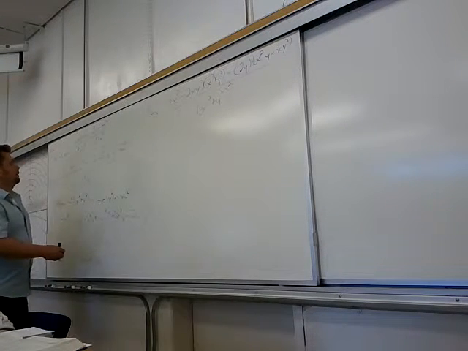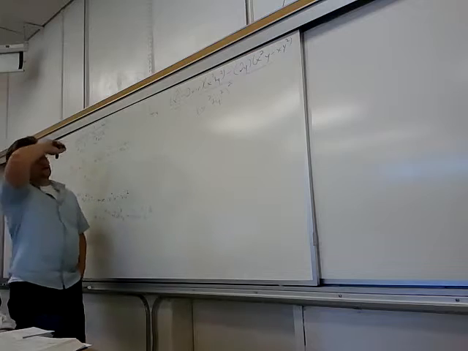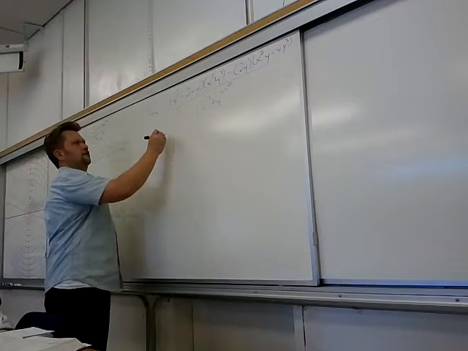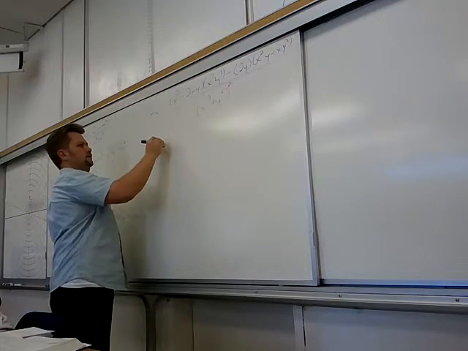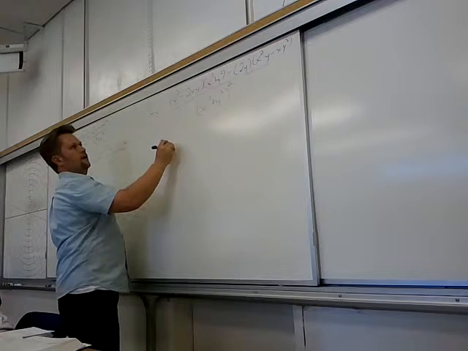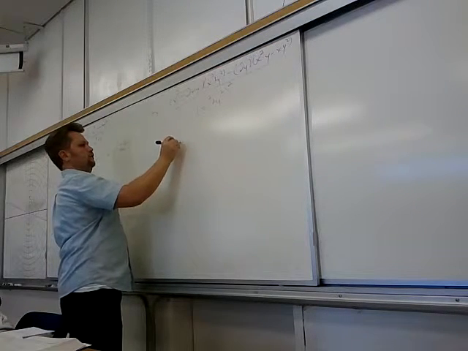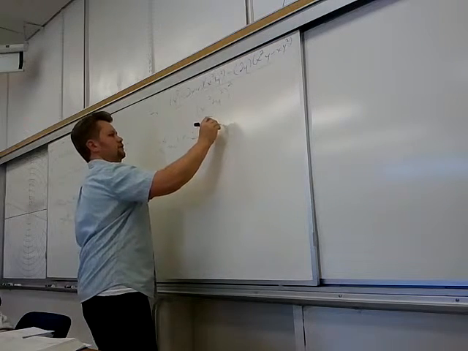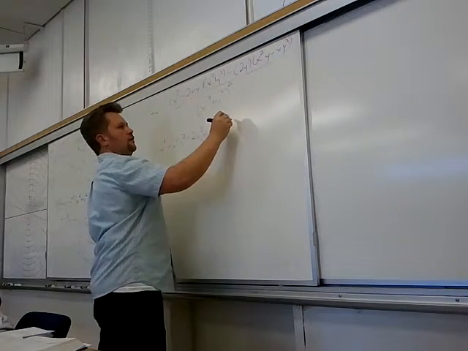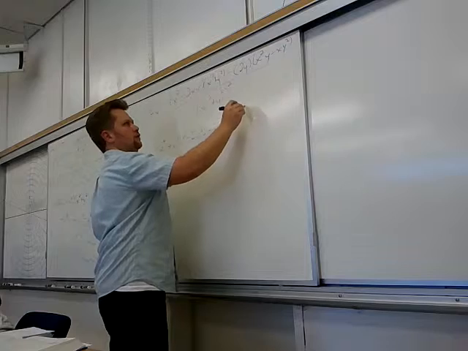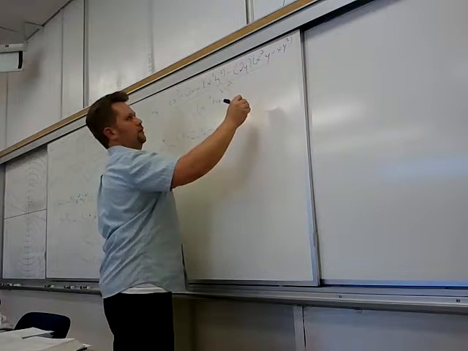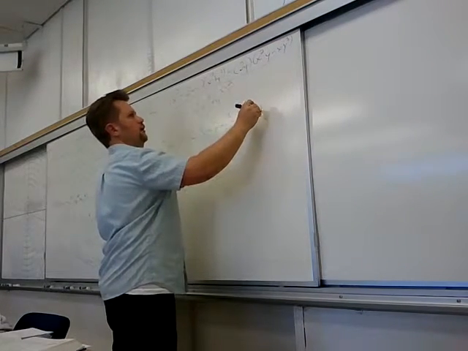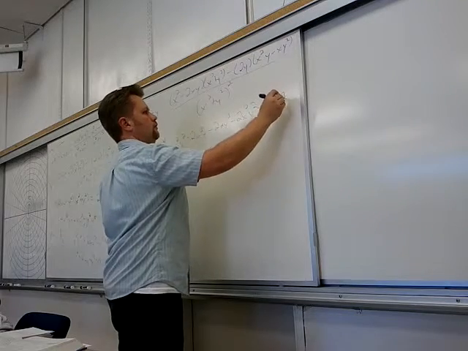So here we get x^4 plus x squared y squared minus 2x cubed y minus 2xy cubed minus 2x squared y squared plus 2xy cubed equals 0.